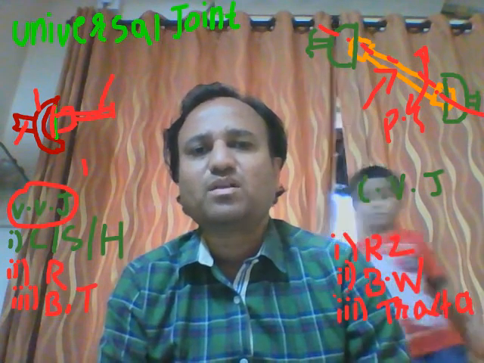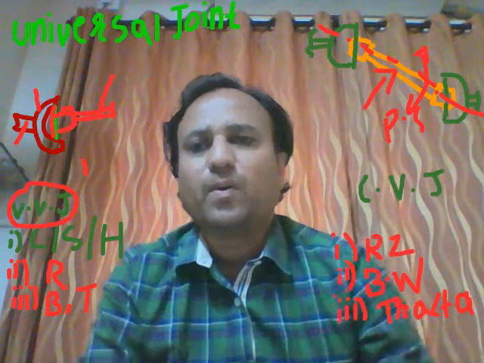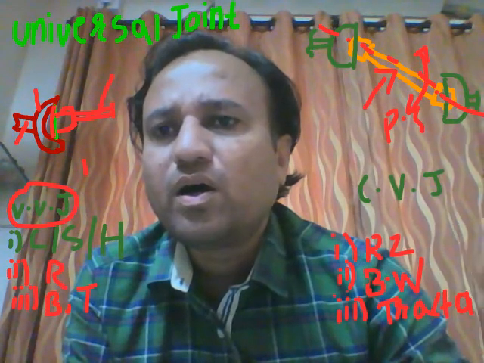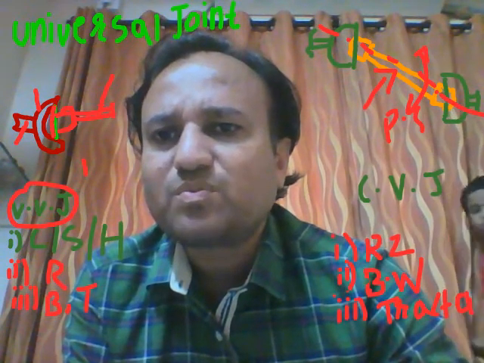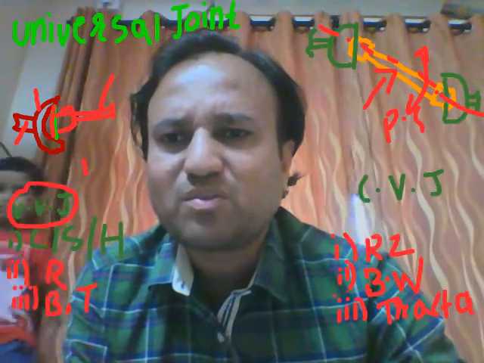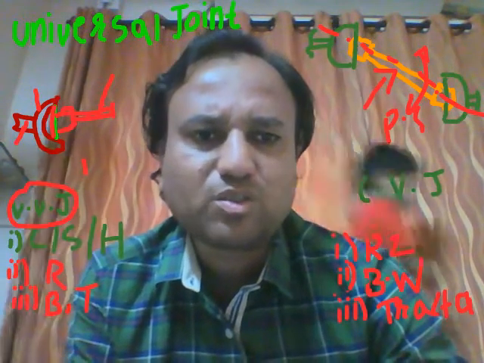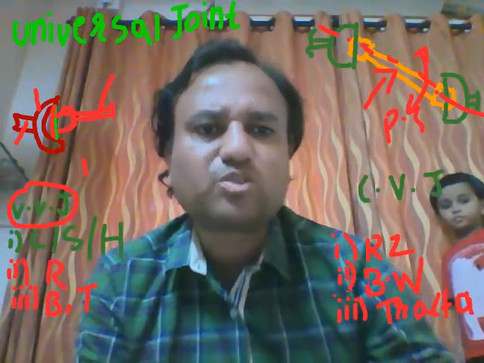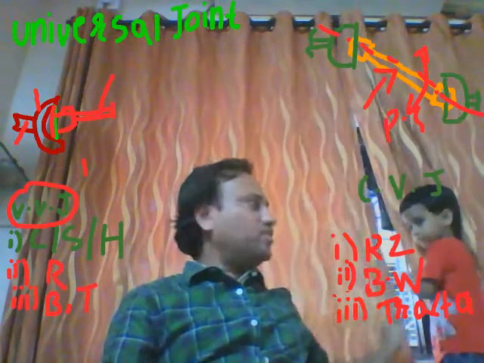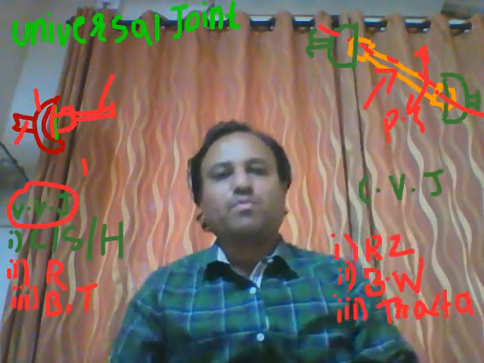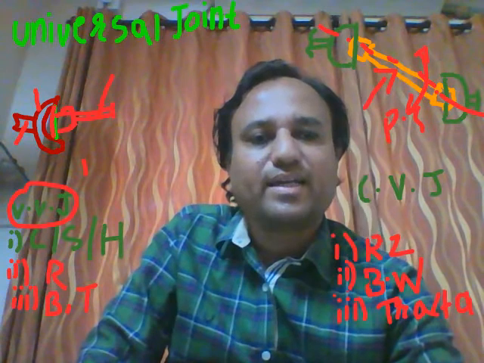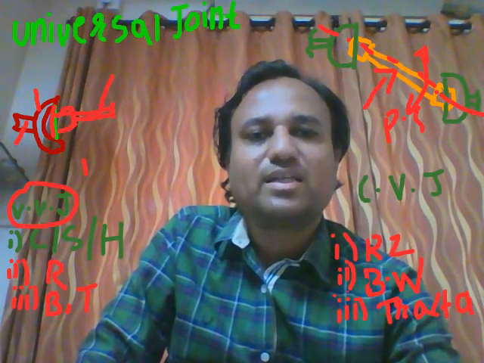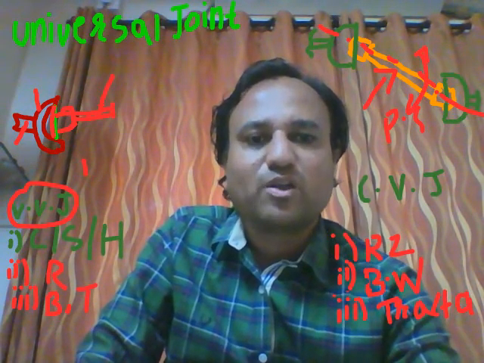Student, you already studied that. A simple case of universal joint I have taken. This case we will discuss later. Now, constant velocity joint. This constant velocity joint has three categories. First one is the RZ, that is the zipper type of constant velocity joint.